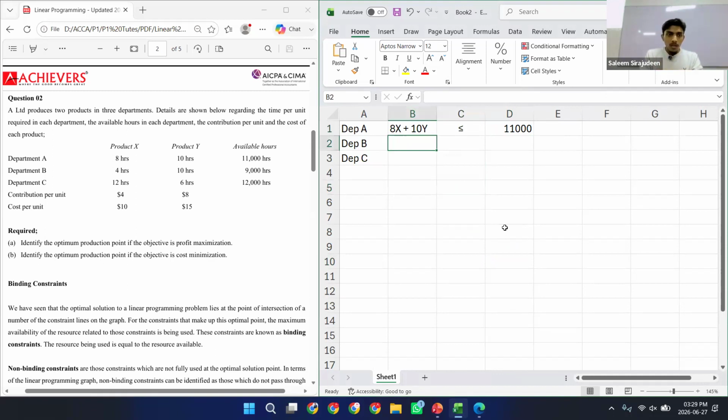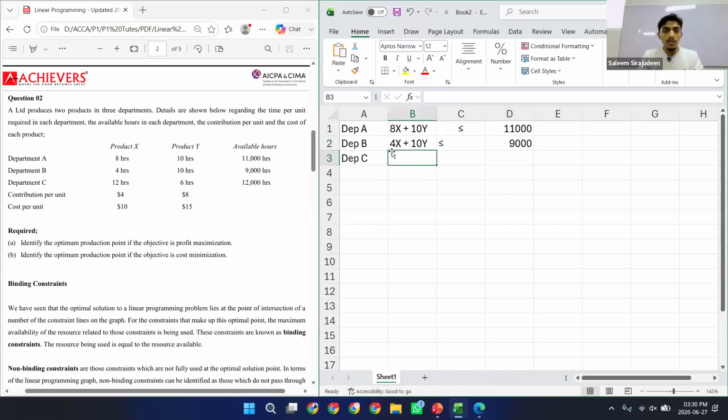Department B. What's the constraint line? What will be the constraint formula? Guys, online also tell me what will be the constraint formula. Department B: 4x plus 10y is equal or less than 9,000.